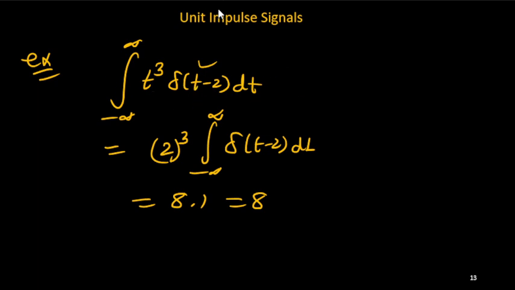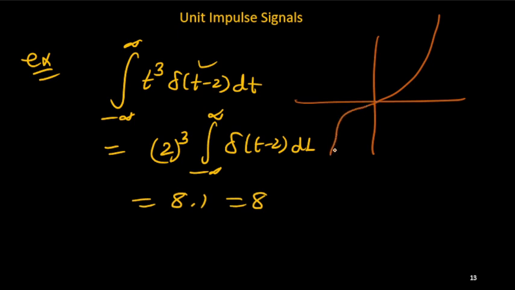So this is one useful concept. This is the t cubed graph, and the impulse at t equal to 2 takes the value 2 cubed, which is 8 in height. So it is taking the samples.